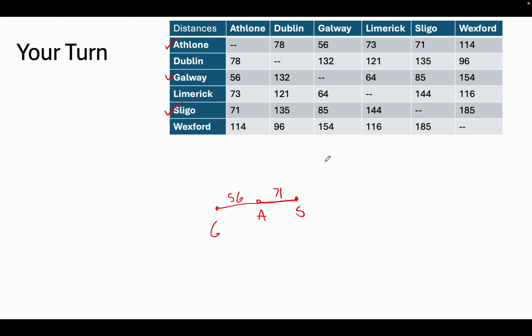Okay. What's next? Can we skip Limerick Galway? Oh yeah, I think so. Because that's 64. So I think we do that first. Was it Limerick to Galway? Limerick, and that's 64. So Dublin or Wexford. Athlone to Dublin, 78.